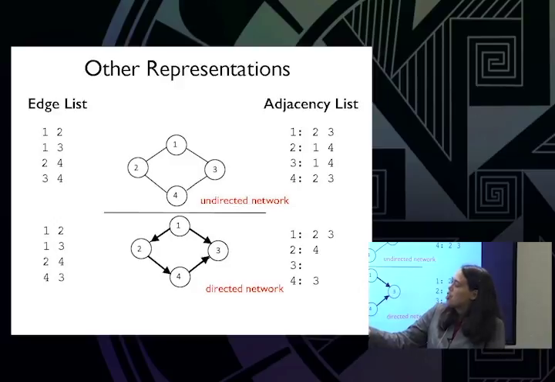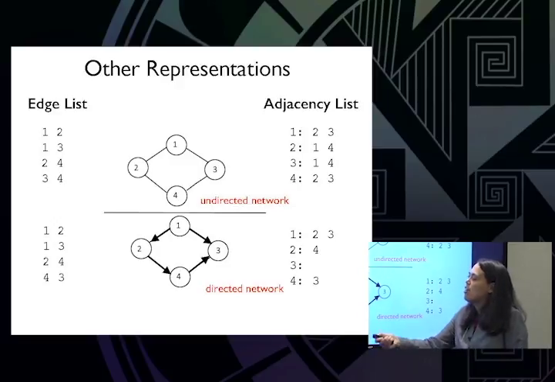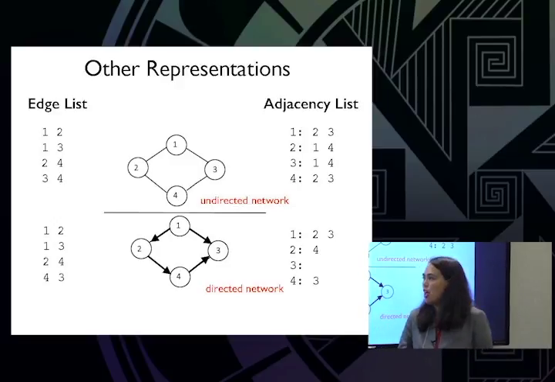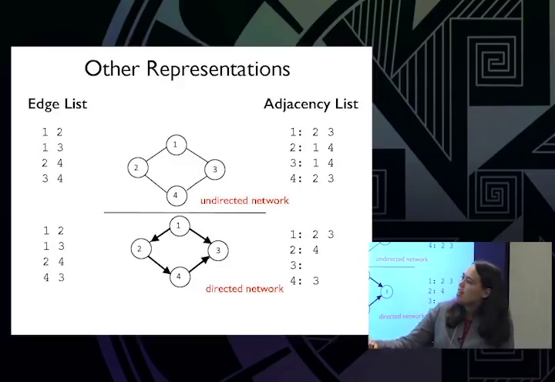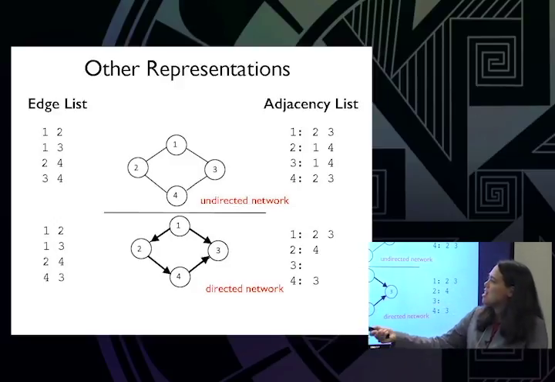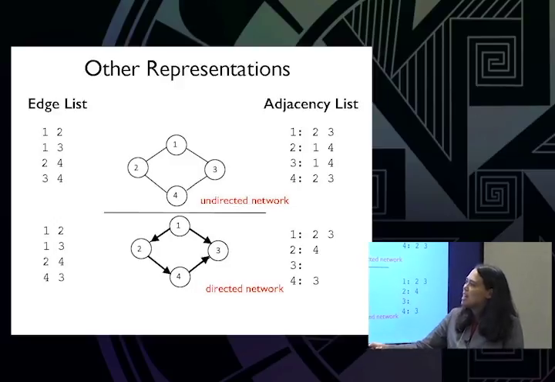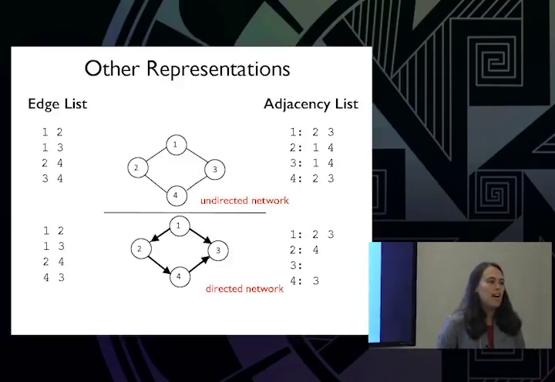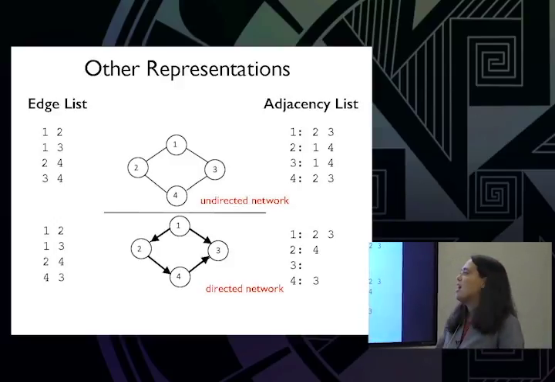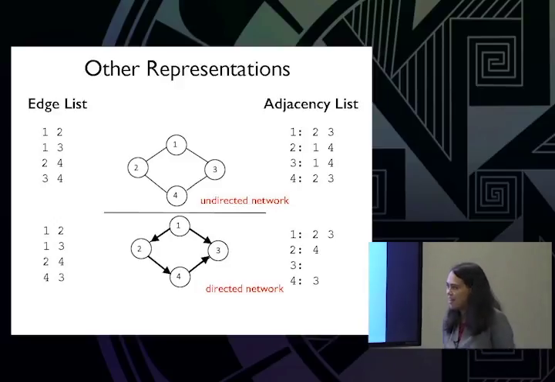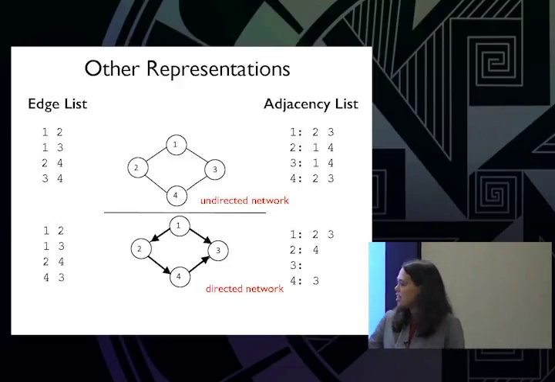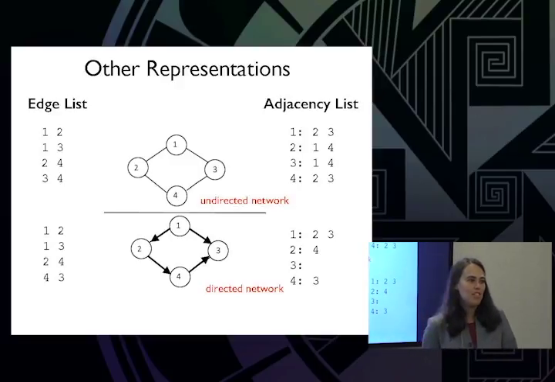Row 1 is the connections of node 1, row 2 of node 2, and so on. That makes it very easy for me to look up this information. It looks like there's basically the same information here as over here, but this is much easier to look up. You'll notice that in this directed case, the lengths of each row aren't going to be the same. Some nodes are going to have many, many connections, possibly, and some nodes will have fewer connections. But this is a good way, in general, for us to represent this kind of data.